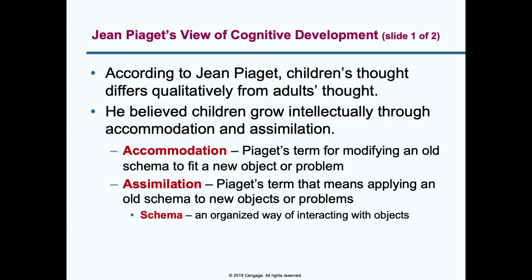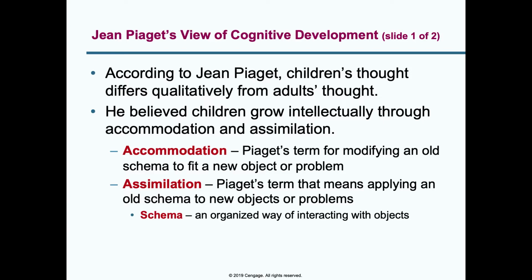Okay, so it's important to know a couple of things about Piaget, a couple of important terms called assimilation and accommodation. What that means is as young children are learning things, they try to compare it to things they already know and try to fit it into their way of organization of objects.